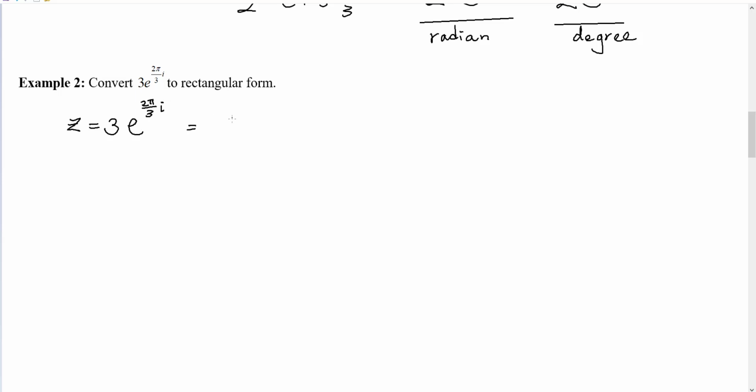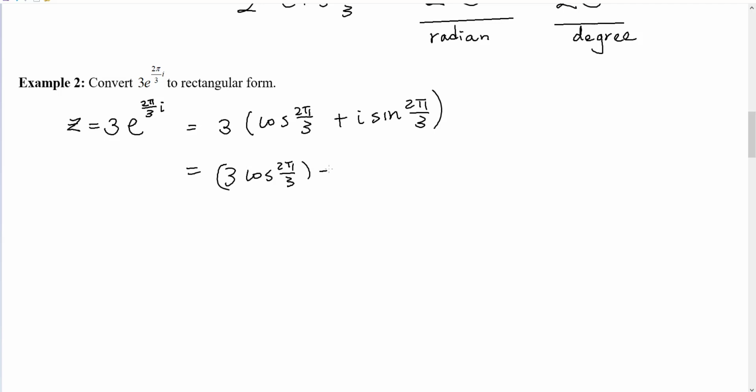Now, this is the same as 3 cosine 2 pi over 3 plus i sine 2 pi over 3. And of course, 3 cosine 2 pi over 3 is your x. And then 3 times sine 2 pi over 3 is your y.